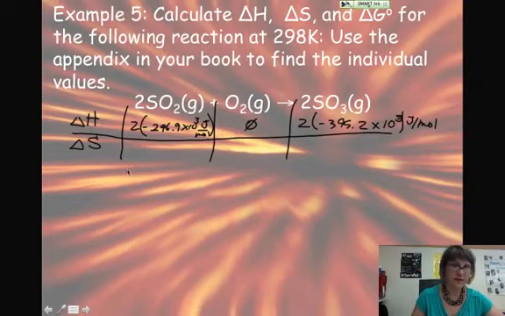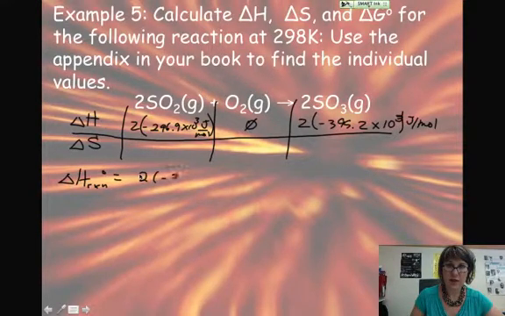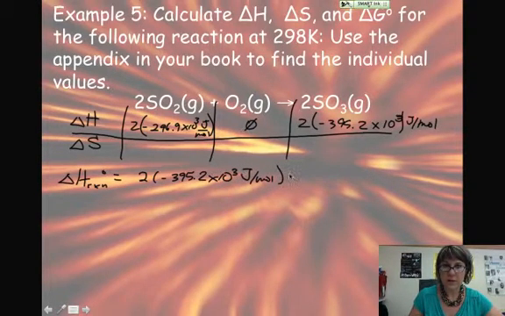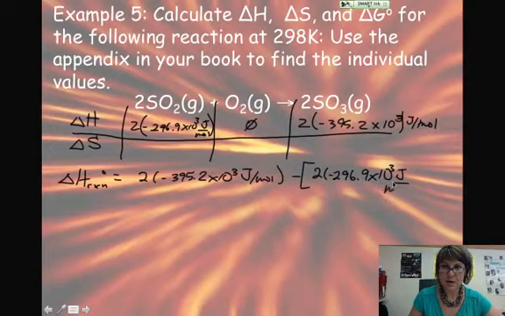Now let's do the delta H calculation. The standard enthalpy change for this reaction will be the sum of the products, 2 times negative 395.2 times 10 to the third joules per mole. There's my products, minus the sum of the enthalpy change for my reactants. So I have 2 sulfur dioxides, and make sure you've got that in joules, not kilojoules, please.